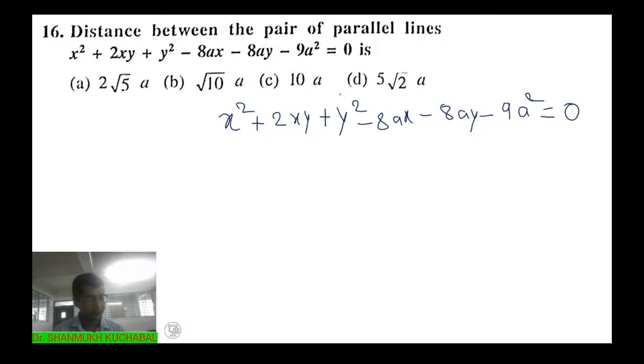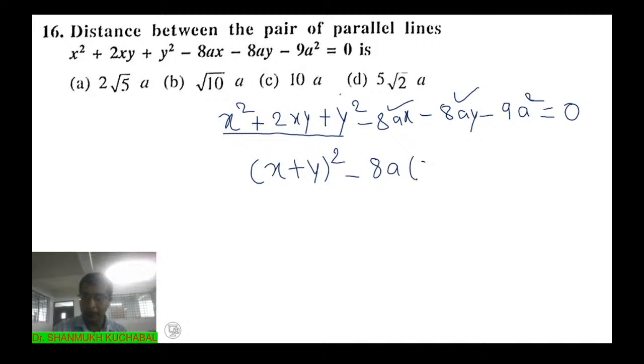So further, looking at these three terms, it is an expansion of x plus y whole square. We write that it is x plus y whole square. Then of the remaining two terms, 8a is common. We'll take 8a common. We get x plus y, and we are left with the last term, that is minus 9a square equal to 0.